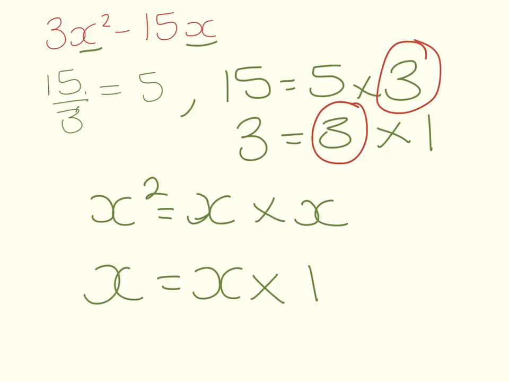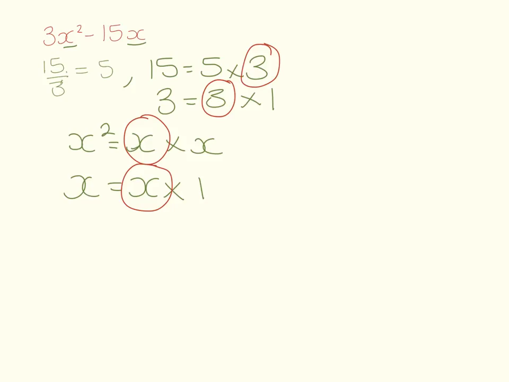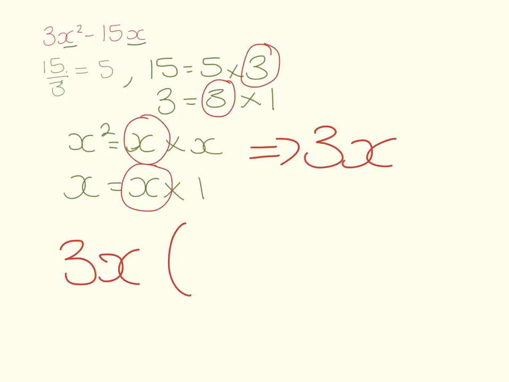So my common factor here is x. So if we put our two factors together, we get an answer that our factor is 3x. And that means I'm going to divide across my original sum by 3x. So 3x into 3x squared, I'm left with x. And 3x into minus 15x gives me minus 5.